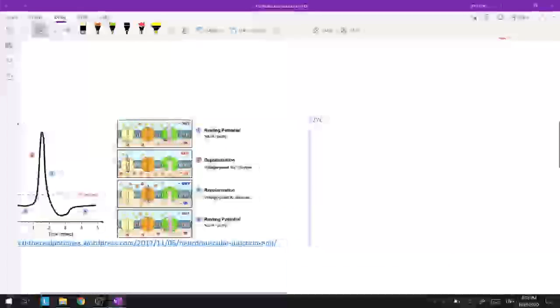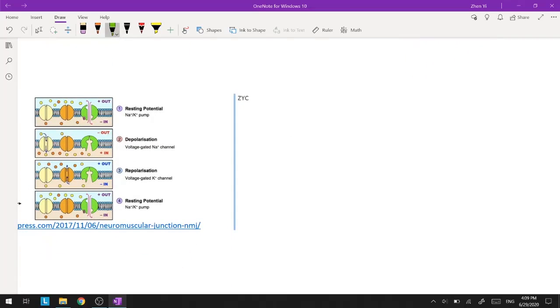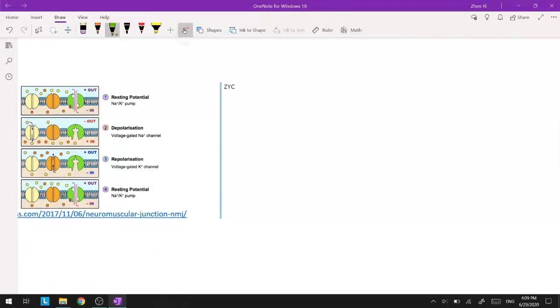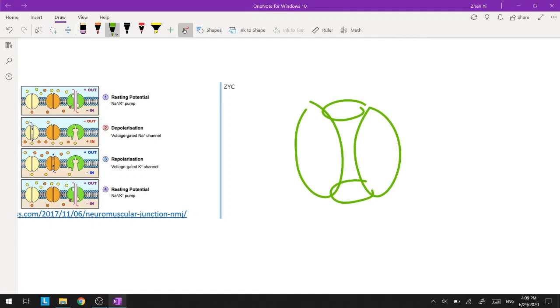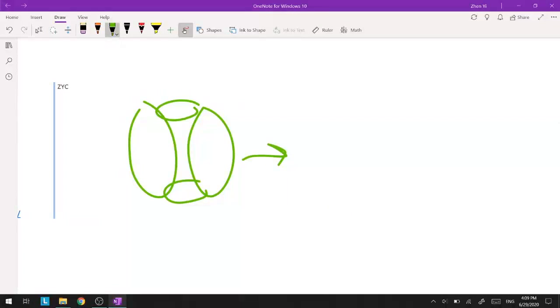The protein itself is a special ligand-gated protein, which means that it undergoes a change where the protein opens up once a neurotransmitter binds to the active site of the protein.